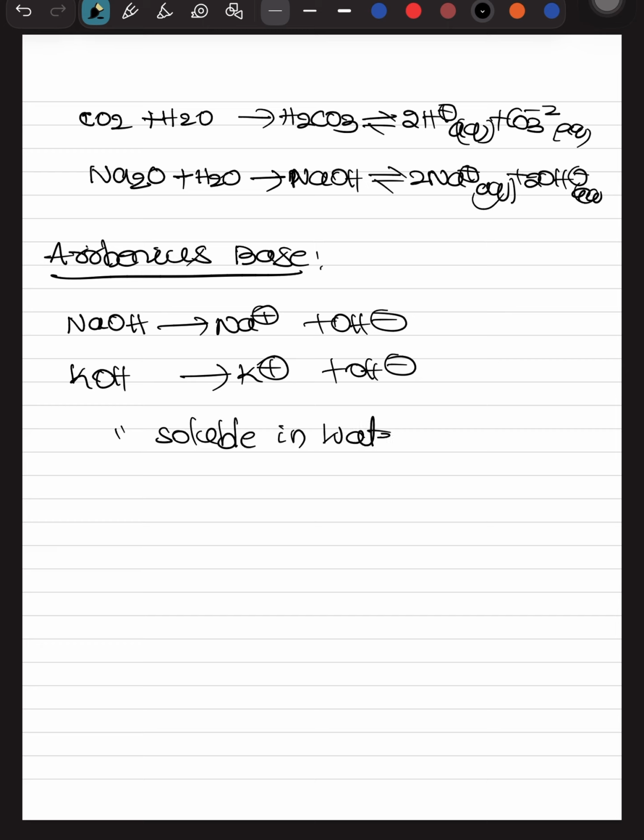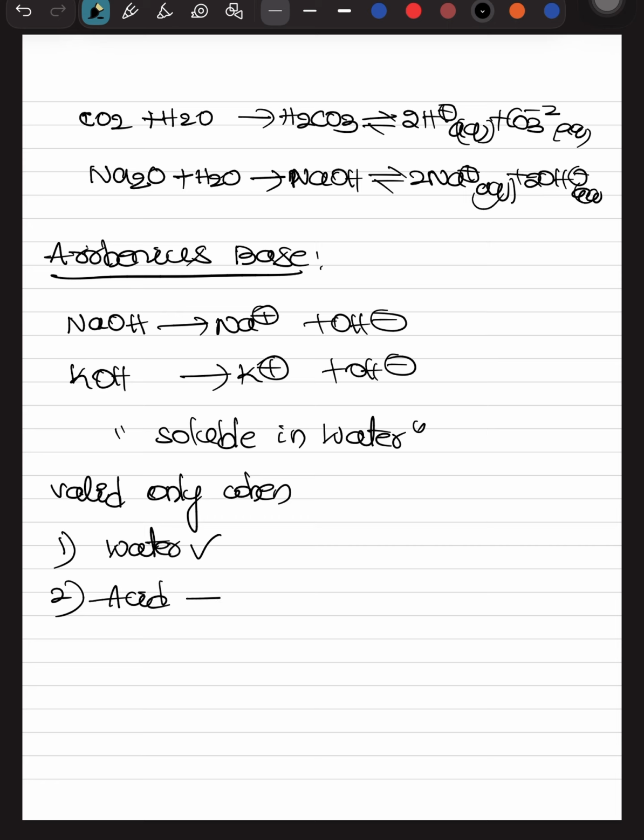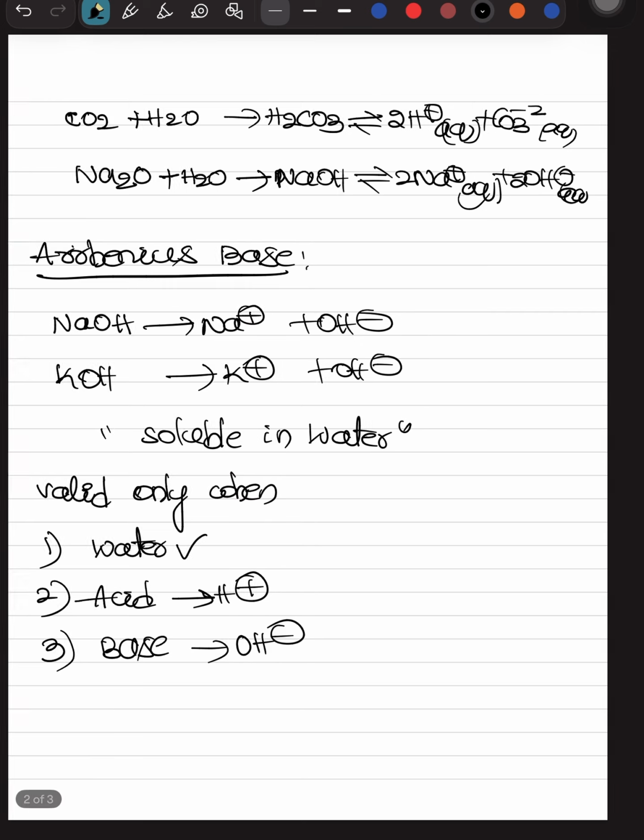This is the condition: Arrhenius theory is valid only when the substance is dissolved in water. Water is important here. When we call something an acid, it should produce the H plus ion. When we call it a base, it should produce the OH minus ion.